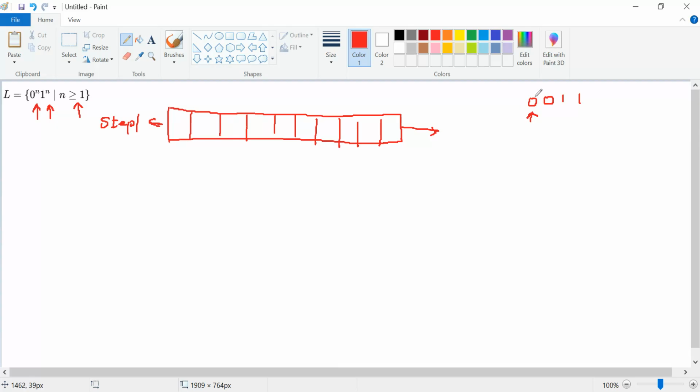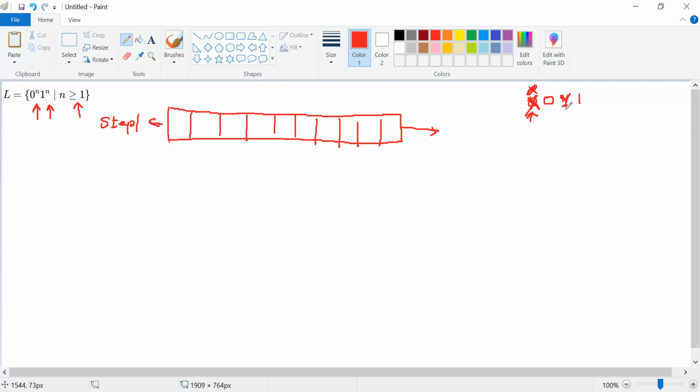The idea is we cross this zero, replacing it with x, right on top of it. Then we move right and search for a matching one. As soon as we find a one, we replace that with a y.